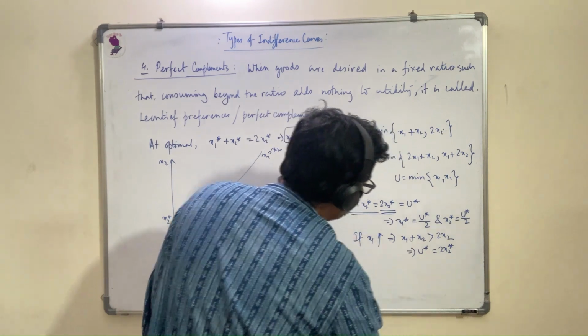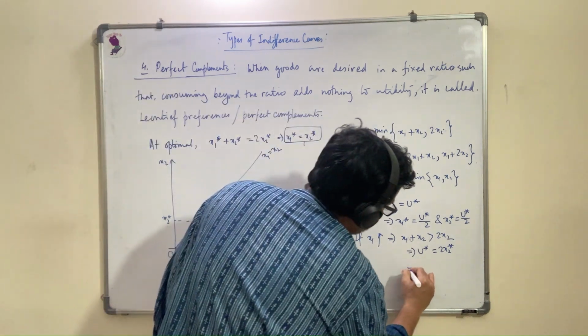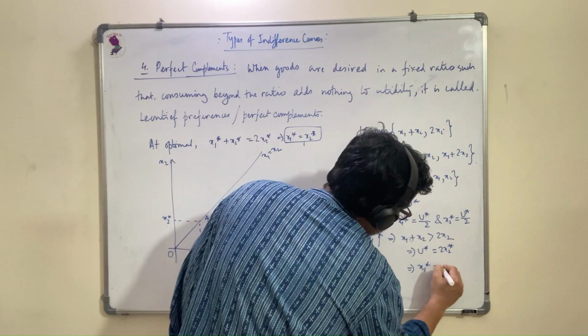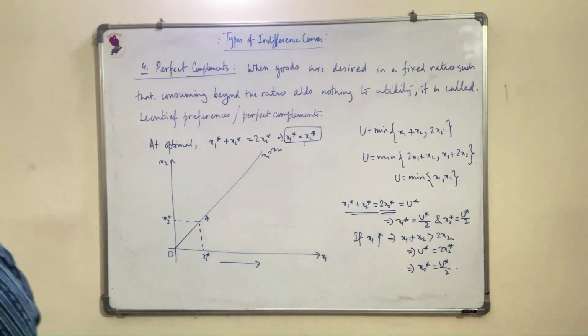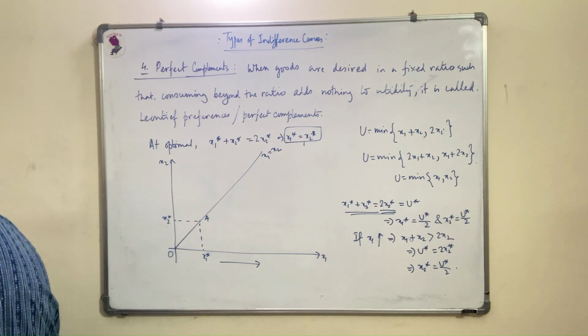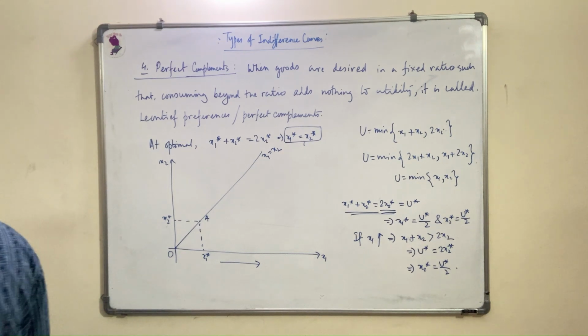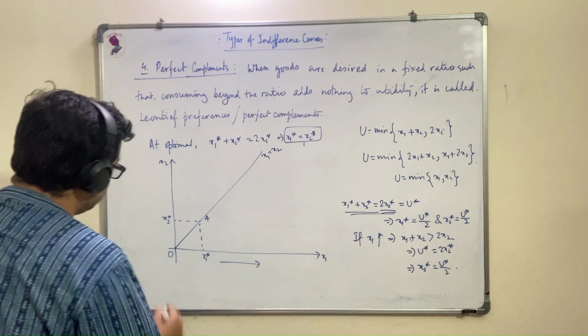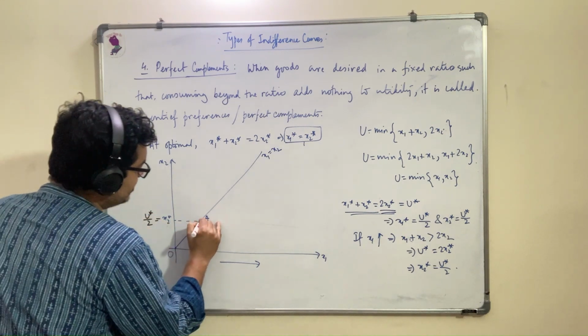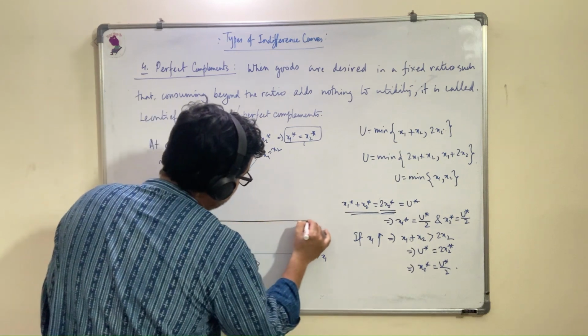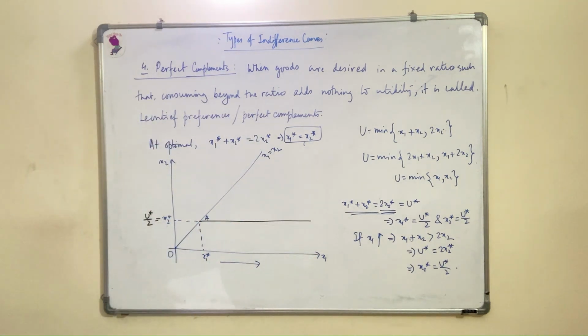Okay? And that means that x2 star will be u star by 2. So this is our x2 star equal to u star by 2, so a straight line looking like this.